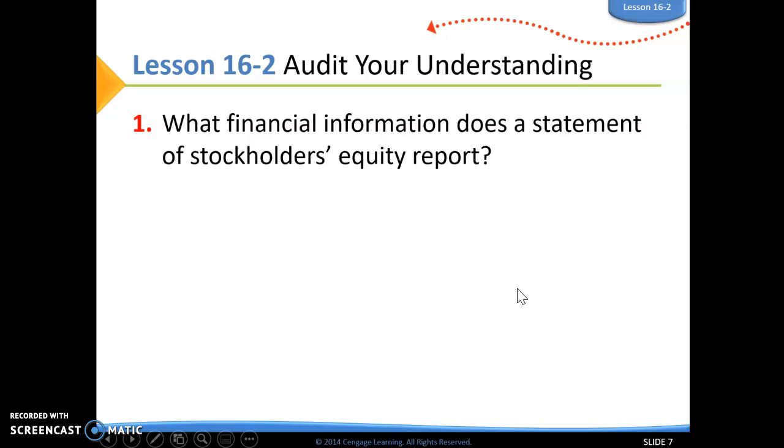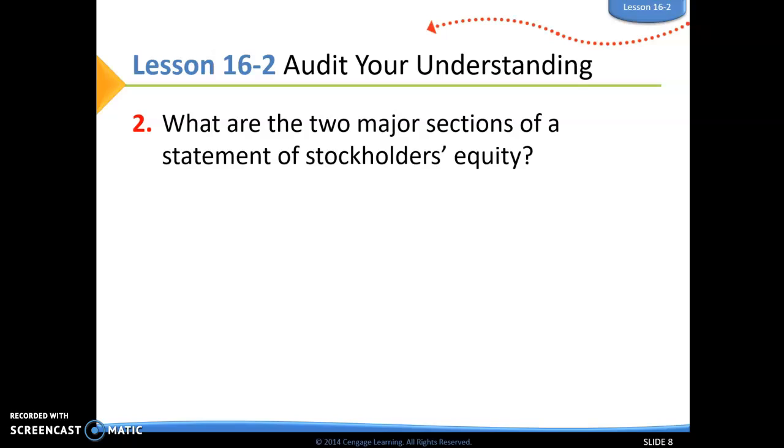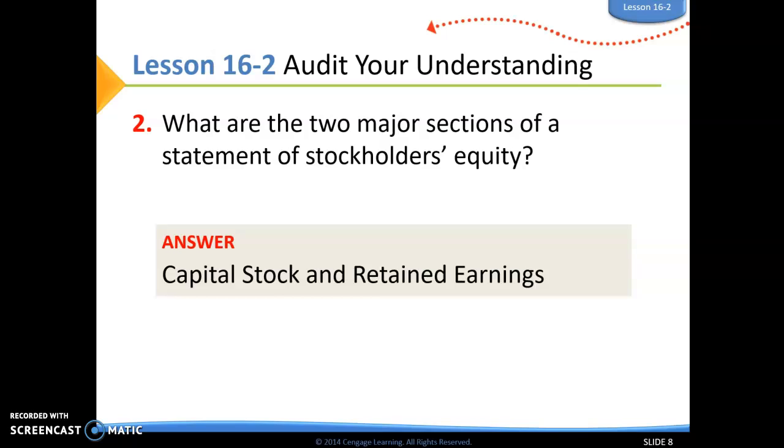Number 1, what financial information does a statement of stockholders' equity report? This is going to show the changes in a corporation's ownership for a fiscal period. Number 2, what are the two major sections of a statement of stockholders' equity? The two major sections are going to be our capital stock and our retained earnings sections.